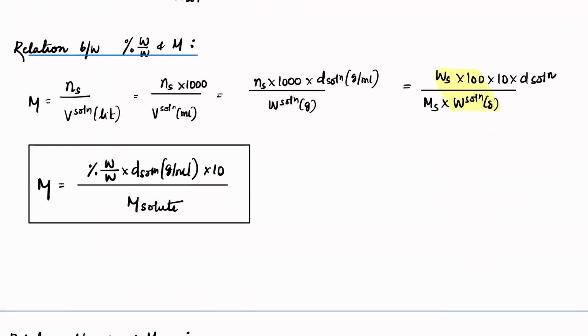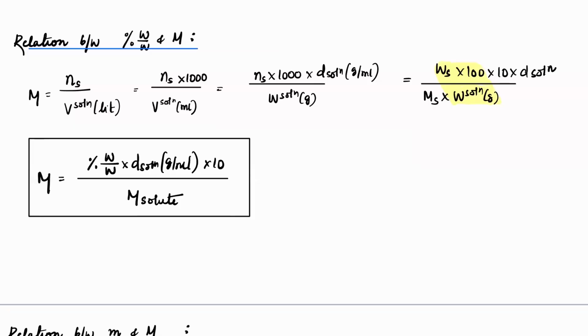So guys, these are the main concentration terms. Now the next point is about relating these. How do we relate the percentage weight by weight and molarity? Molarity is the number of moles divided by volume, which is represented in liters. Now what if I write it in ml?